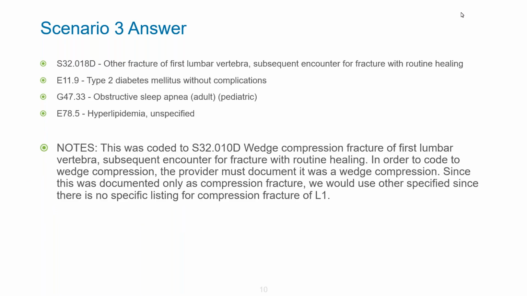So when I only have hyperlipidemia and I don't have anything else, I'm going to code it to unspecified. Now, if I have a specified type, so if I look under hyperlipidemia in my alpha index, I have combined, familial, mixed, and specified not elsewhere classified.